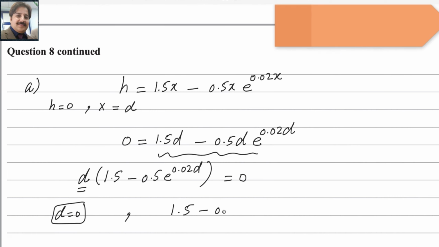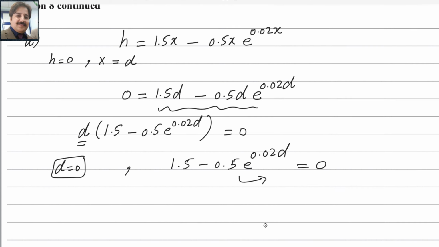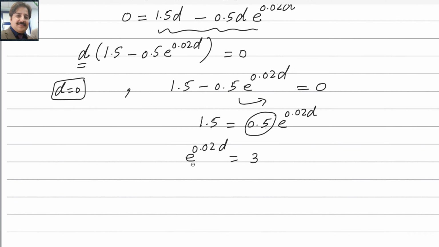1.5 minus 0.5 e to the power 0.02d equals 0. Now you can move this value to the right side, so it becomes positive. 1.5 equals 0.5 e to the power 0.02d. This is multiplying, so this will divide to the other side. e to the power 0.02d equals 3, since 1.5 divided by 0.5 is 3.